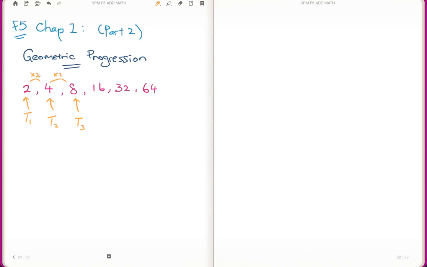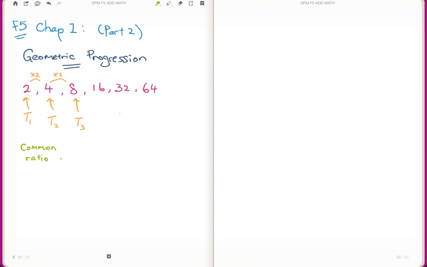Now, in order to answer a question in your exam, to prove that it is a geometric progression, the keyword to use would be common ratio.